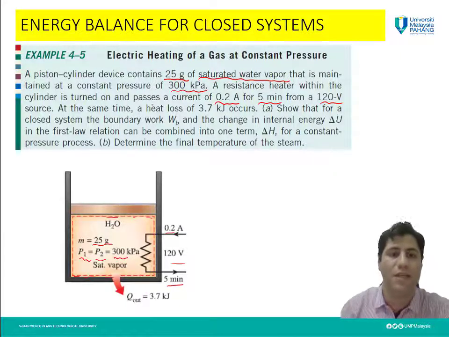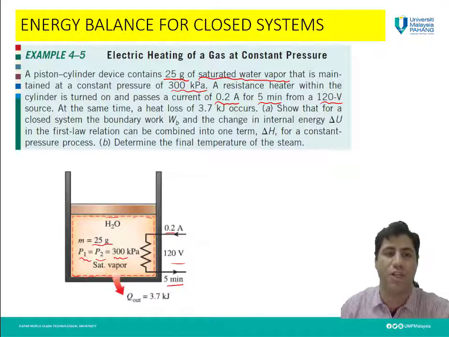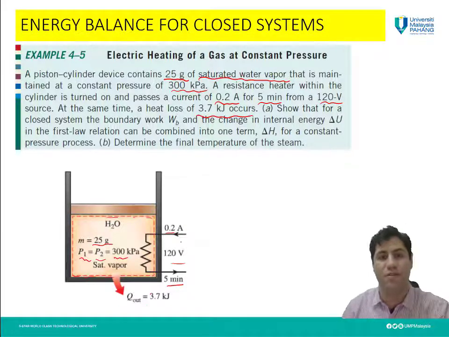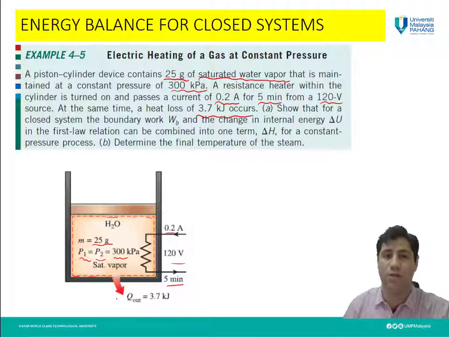So what is the process actually here? At the same time, a heat loss of 3.7 kilojoule occurs. So we have Q out of the system, heat loss from the system to the surroundings, which is 3.7 kilojoule.